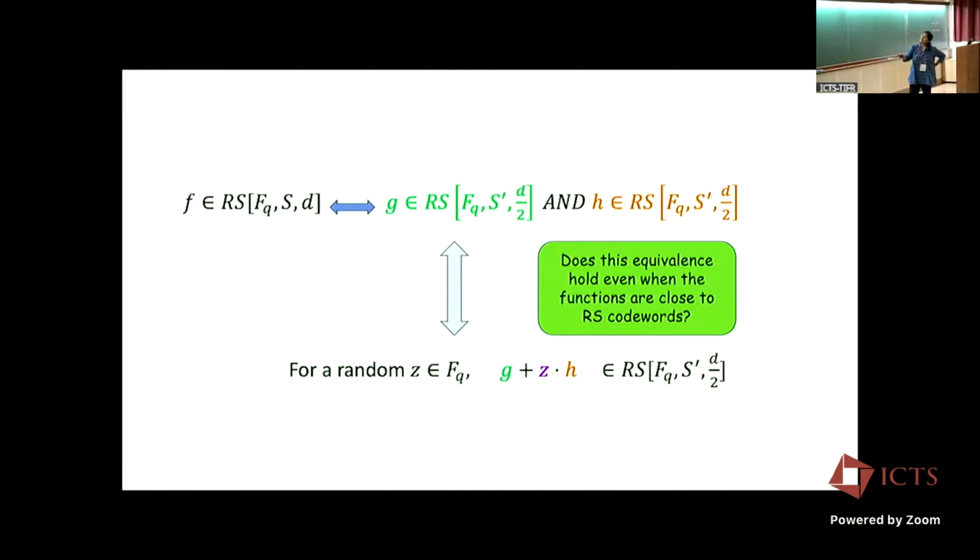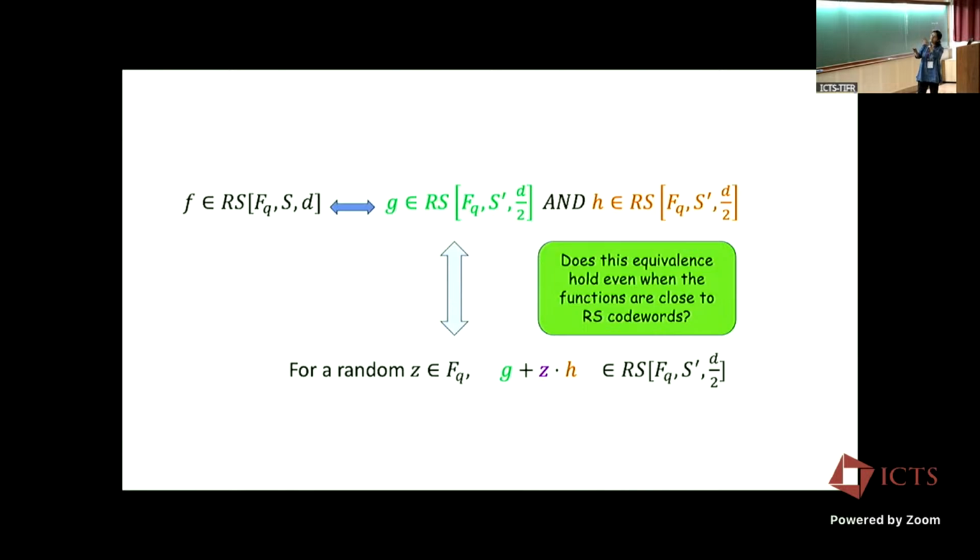So to go from F to G and H, we needed some algebraic structure because we wanted the square roots to exist, so we would look at the field size, and you're looking at a subfield which is a power of 2 and things like that. For this question, we don't really need this algebraic structure. Now let S prime be an arbitrary domain, and you can ask if G and H are close to Reed-Solomon code words.